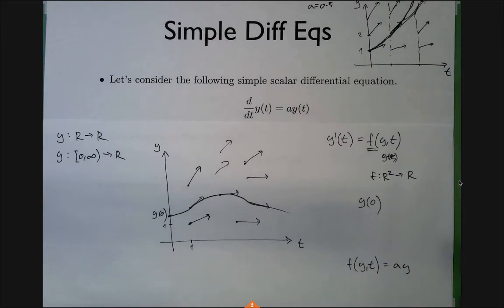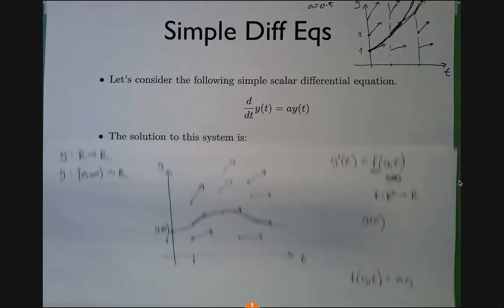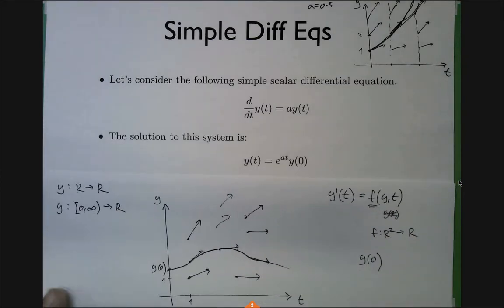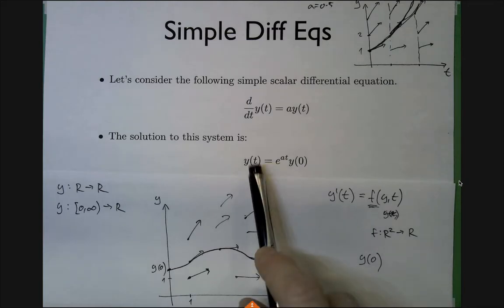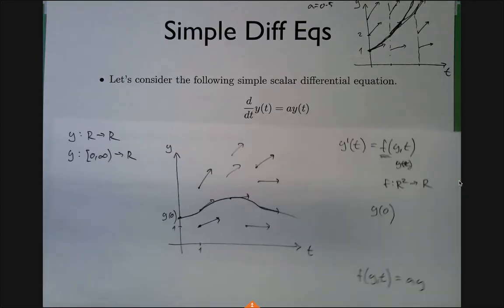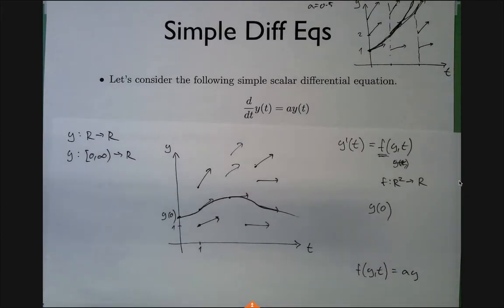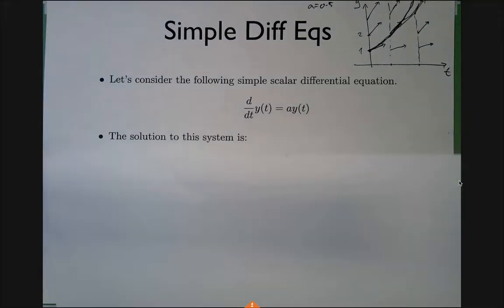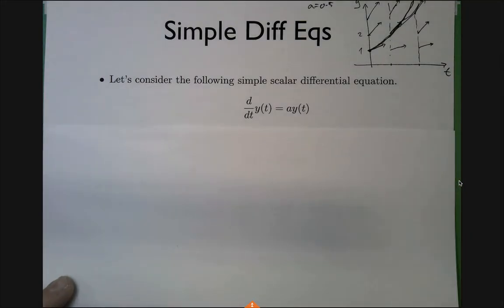So this geometric intuition can be easily supported by mathematics, because this is one of the rare cases of differential equations where you can actually solve it analytically, because here the analytical solution is sort of trivial. Let me first write it in a little bit different way. The solution is an exponential function, okay?